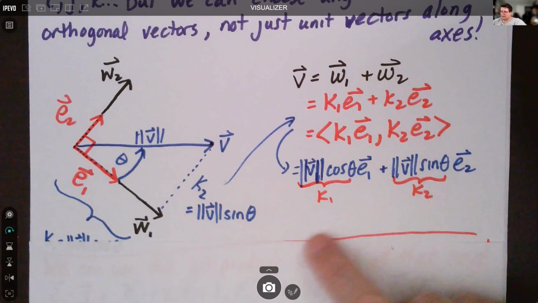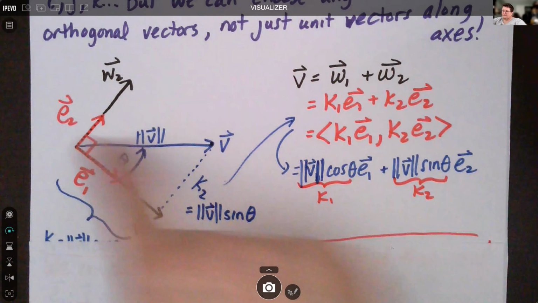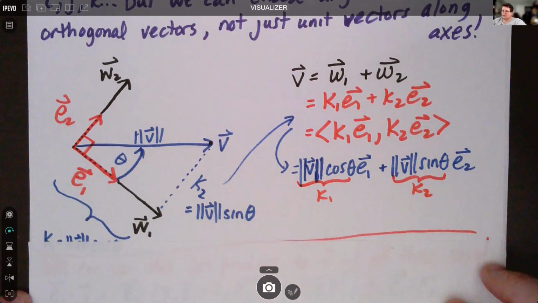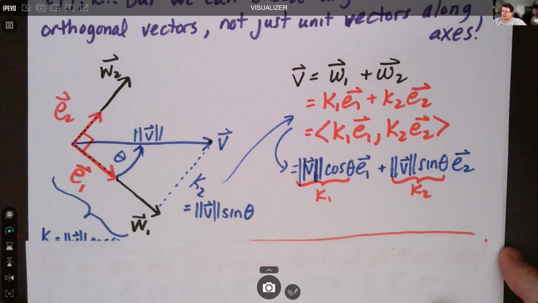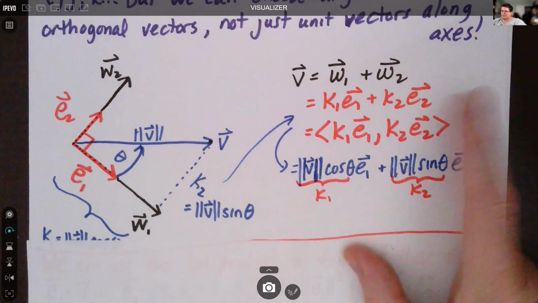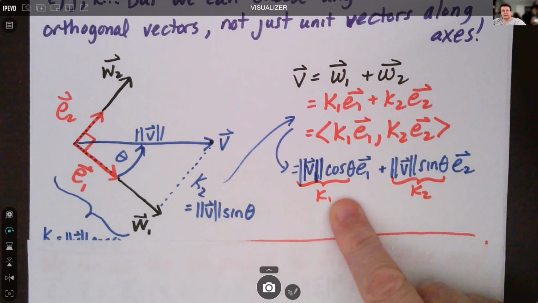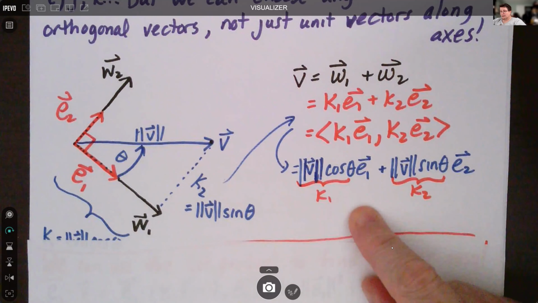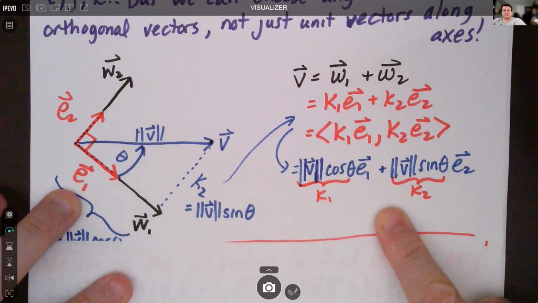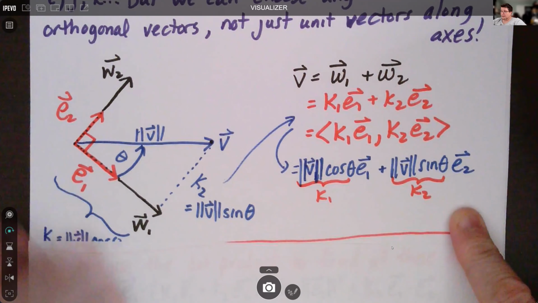So if V is the sum of the two vectors, W1 and W2, we're going to have K1 E1 plus K2 E2, which is the norm of V times the cosine of theta times E1, plus the norm of V times sine of theta times E2.